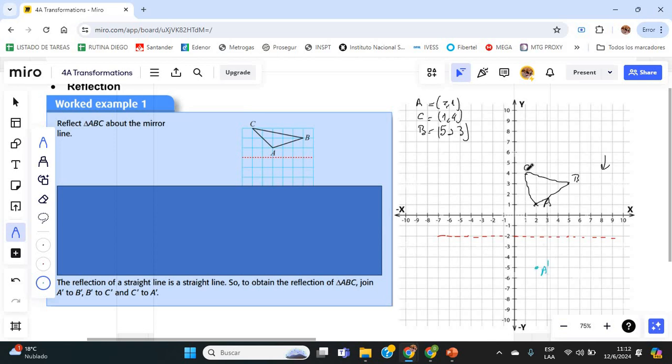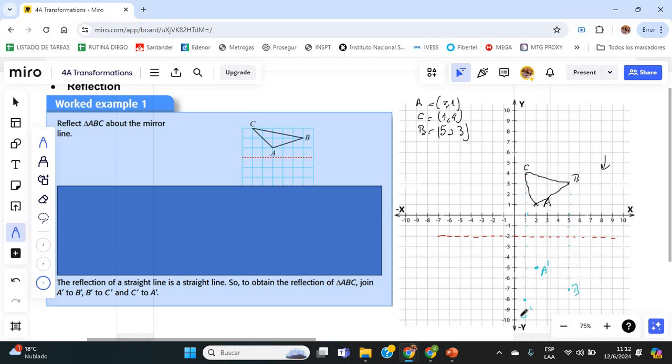Now C. C is a distance of 1, 2, 3, 4, 5, 6 places from the mirror line. So it will be 1, 2, 3, 4, 5, 6. The image of point C. And point B is 5 units from the mirror line, so it will be 1, 2, 3, 4, 5 units from the mirror line.